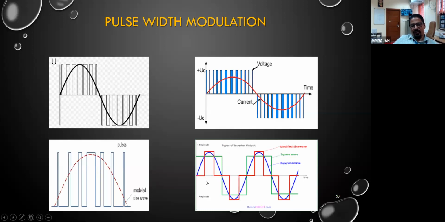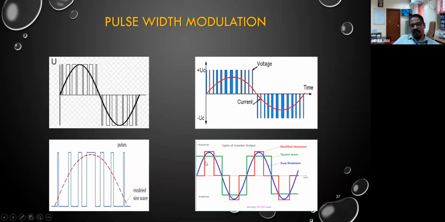Here also you can see better. This green line is showing a pure square wave. So without a controller, the output will be like the green waveform, positive and negative. By using a controller, you can modify it, so you can get a red color waveform. This is called modified sine.